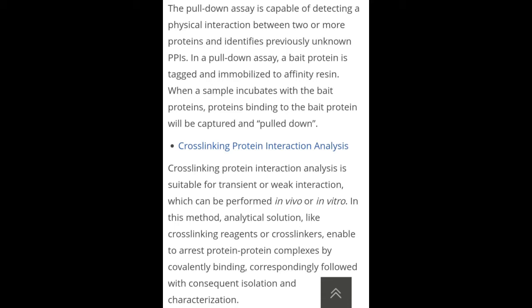Once a protein interacts with another protein, a protein-protein complex will be formed. That complex will be arrested by these cross-linkers, by covalent binding of the cross-linkers with that protein, followed by isolation and characterization of the protein-protein complexes. So this is a very wonderful method for analyzing PPIs.